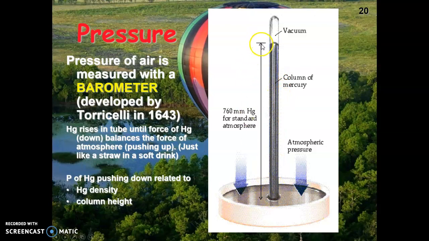He noticed that on an average day the height of the column that would form inside of this tube was 760 millimeters, and when the weather was going bad, it would go down, and when the weather was getting better, the column of mercury would rise. That gives us the idea of barometric pressure, because the atmospheric pressure pushes down here, so when it's high pressure it makes this rise, and when it's low pressure it sinks.